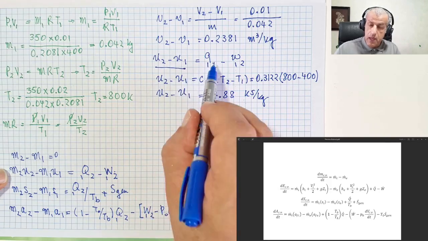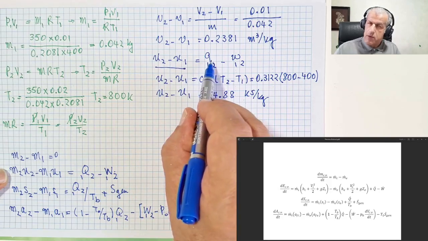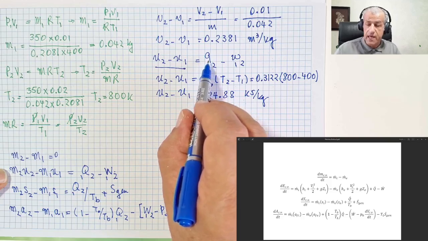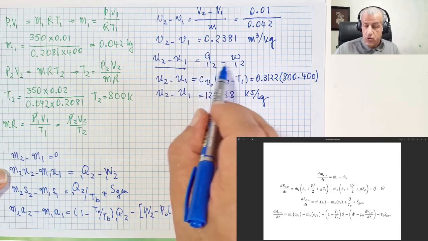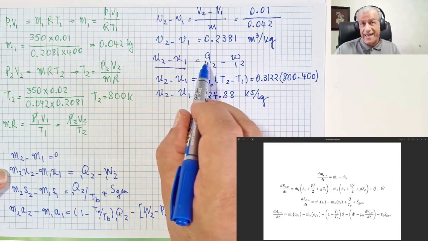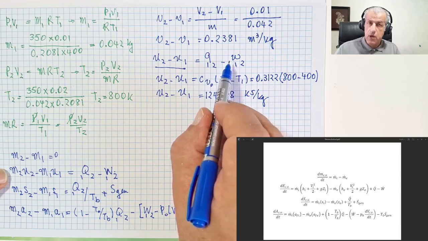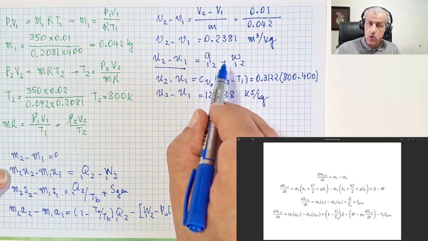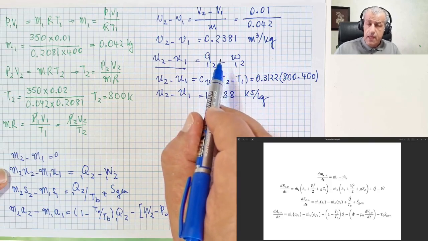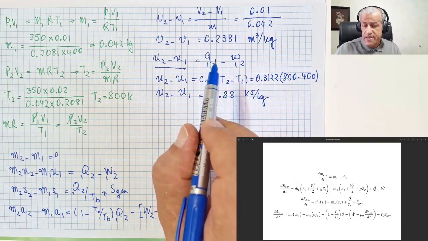We know that to calculate heat transfer, the only equation we have in thermodynamics is this equation. So this would be the last term that we could calculate. For work, we have an equation for cylinder piston work, in fact reversible cylinder piston work.